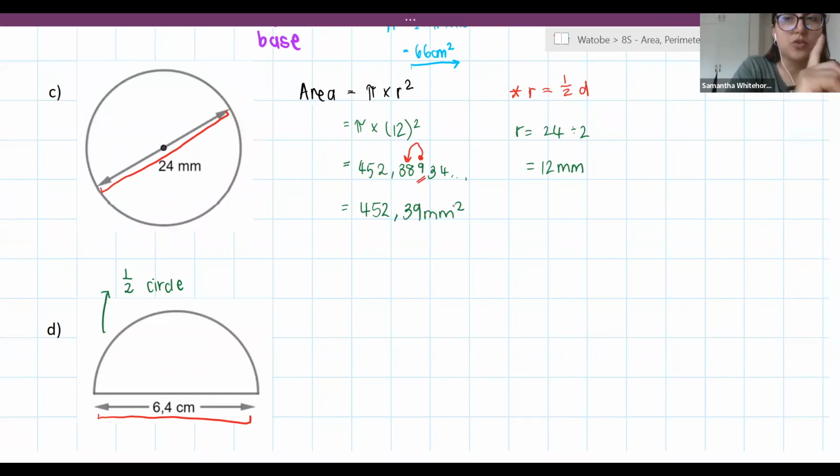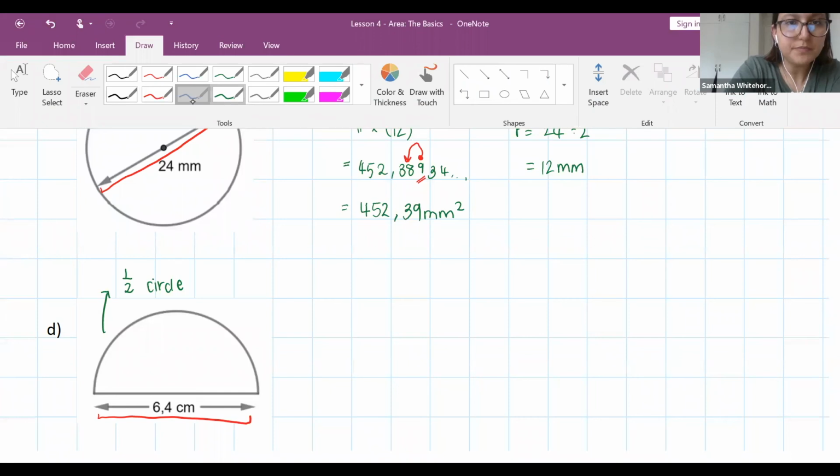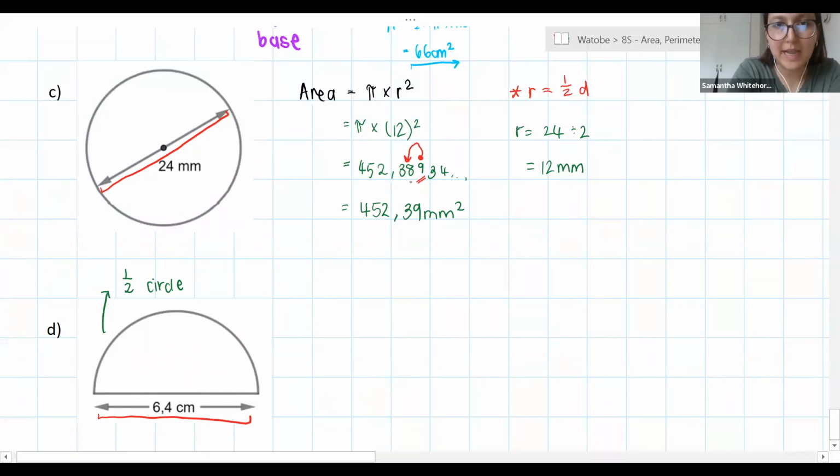If I said round off to 1 decimal place, that would then mean I must now look at this 8 and see what effect it has on the 3. And so if I go to 1 decimal place, the 8 will round the 3 up to 452,4 millimeters squared. So just take into account your rounding. But excellent, Nkululeko, well done.